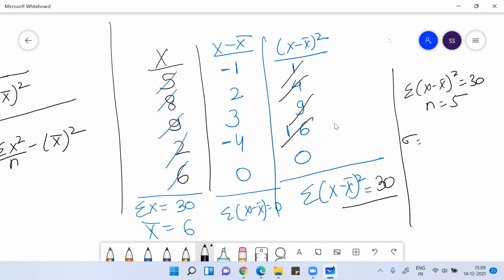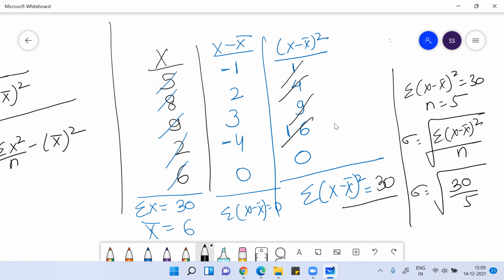So the standard deviation would be under root of summation of x minus x bar whole square by n, that is under root of 30 by 5, which is under root of 6. That would be the value of standard deviation. Clear, everyone?